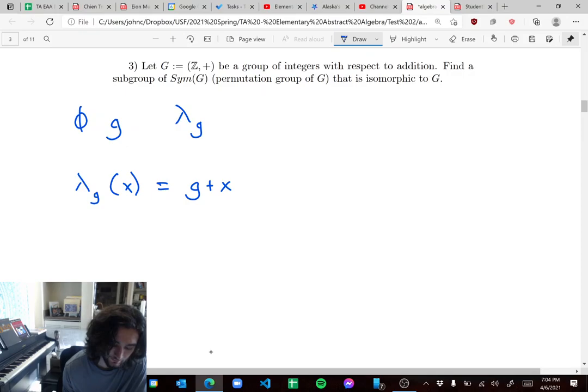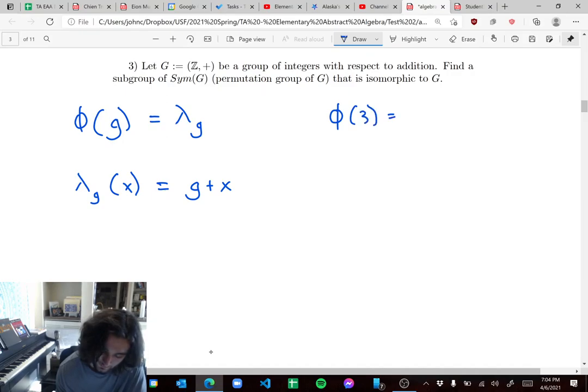And similarly, here you plug in g and you get this function lambda g, into which you plug in other elements of G. So for example, phi could take in the number 3 and turn it into the function lambda 3. And that function lambda 3 takes in stuff like 5 and turns it into 3 plus 5. And it takes in everything, actually.